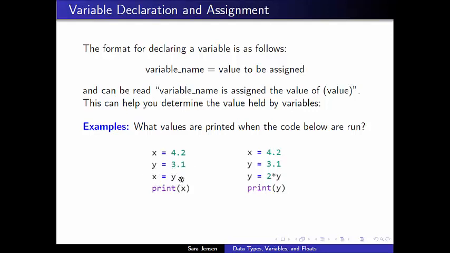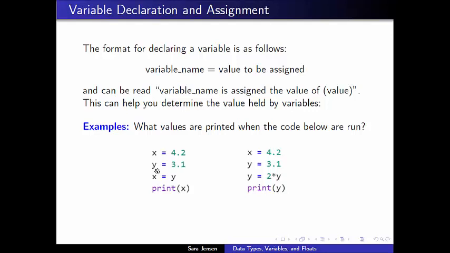When we look at this next line of code, the question is, what is happening here? One of our variables is being reassigned a different value. If we just use this rule for reading out this third line, it will help us understand exactly what's going on here. What's happening here is that the variable x is being assigned the value of y.